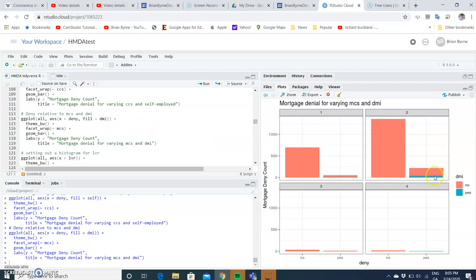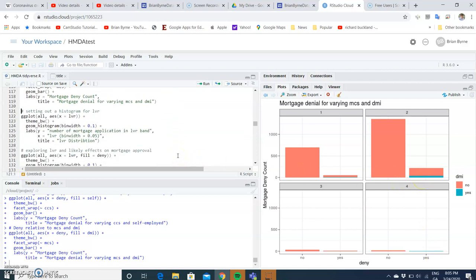It would appear that if you were denied mortgage insurance and you had a mortgage credit score of 1, 2, or 4, in each instance there seems to be an over-representation of DMI, yes, in those who didn't successfully obtain a mortgage when they made that application. So this seems to be a key factor. But the numbers, just visually, seem fairly clearly small.